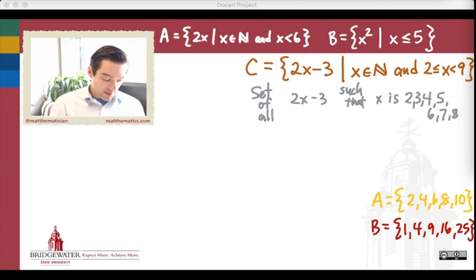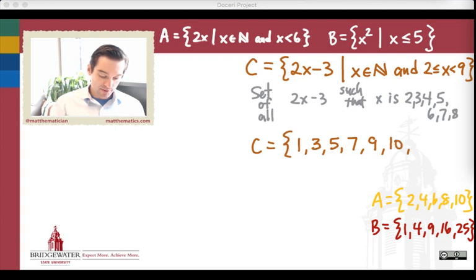So 2 times 2 minus 3, that's 4 minus 3, that's 1. 2 times 3 minus 3, that's 6 minus 3, that's 3. 2 times 4 minus 3 is 8 minus 3 is 5, etc., etc., etc. So there then is my roster for the set C.